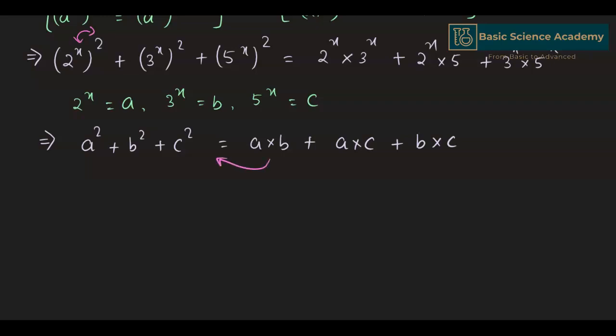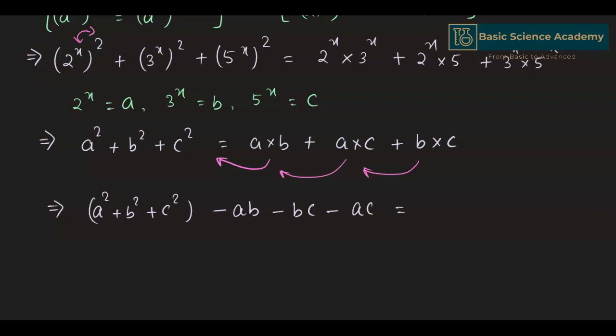Bringing all these values to the left side gives a square plus b square plus c square minus ab minus bc minus ac is equal to 0.